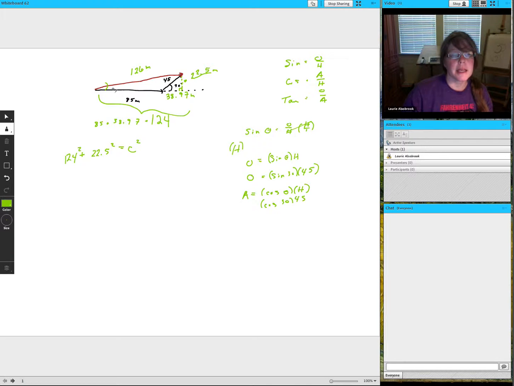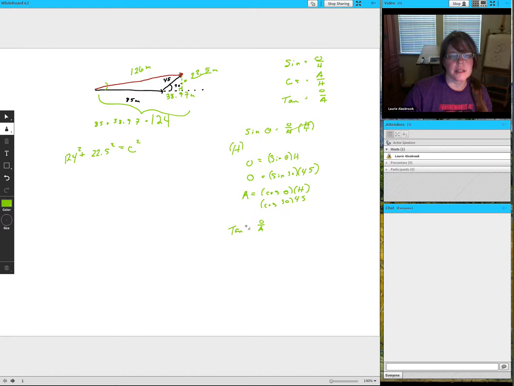Okay, but I can use the information I have here in order to find that angle. I can use any one of these sides in order to find that, or any couple of those sides. So let's go ahead and use tangent in order to find that angle. The tangent is equal to the opposite over the adjacent.